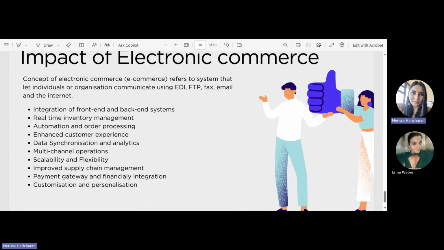So when we look at the key impacts of e-commerce on ERP systems, you want to look at the integration of front end and back end. So your e-commerce platform functions on using a front end system where your customer basically goes on, places their order, makes their payment, etc. Your ERP system manages the back end, such as inventory, order fulfillment, accounting, the logistics, etc. So there is a growing need to basically integrate the e-commerce platform with an ERP system so that you have a smoother operation.